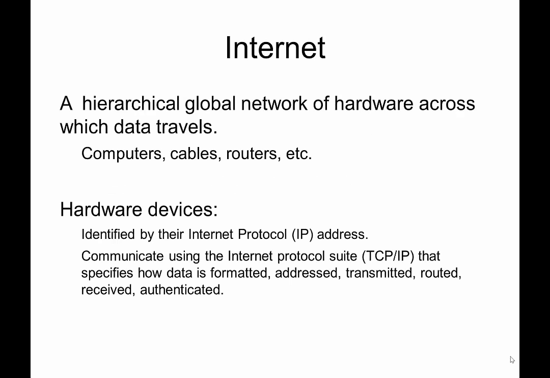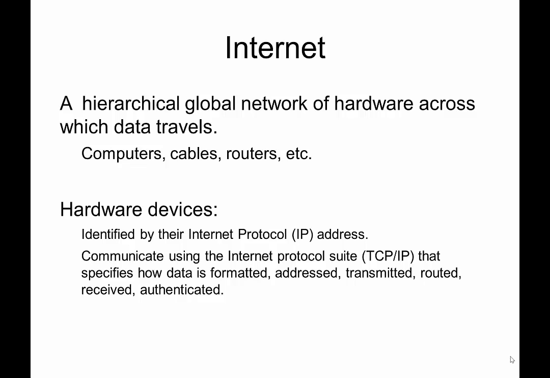So first of all, just what is the internet? The internet and the World Wide Web are used in common parlance to mean the same thing, but they are in fact different things, which I'm sure some of you are aware of. Basically, the internet is the physical network across which digital data passes.